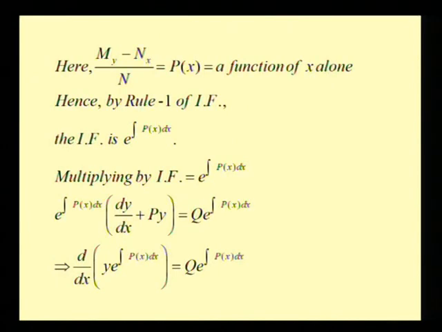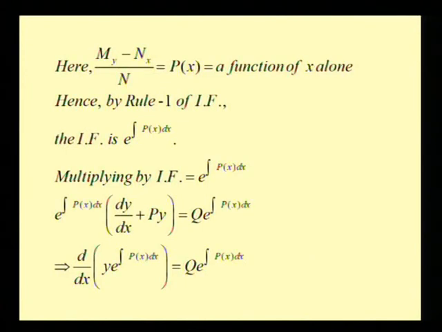The integrating factor becomes e raised to integral p dx. This is the integrating factor. You multiply this factor with the whole equation, then the equation becomes e raised to integral p dx into (dy by dx plus py) equal to q into e raised to integral p dx.